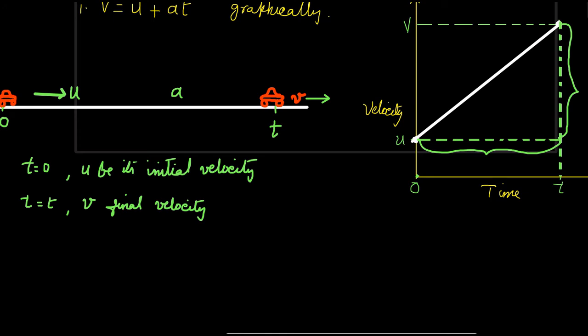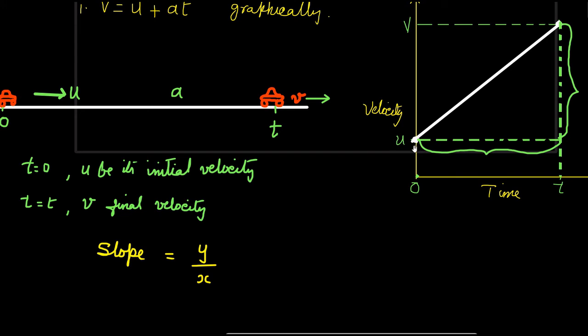What is the slope of the graph? We know the slope of the graph is y by x. So what is y for this graph? y is representing this portion, that is, y is v minus u.